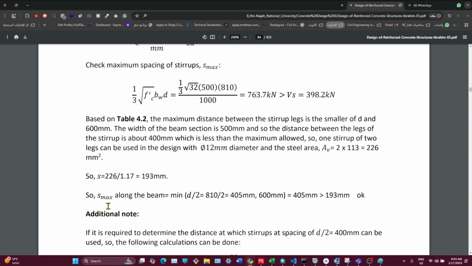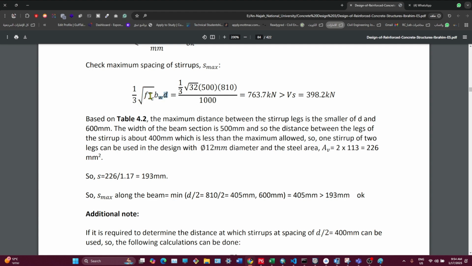S maximum between the stirrups, but before that, we need to make sure of this formula, 1 over 3 f prime c square root times b web d. The Vs we computed is 398, and it should be less than this value, because this is the maximum value.